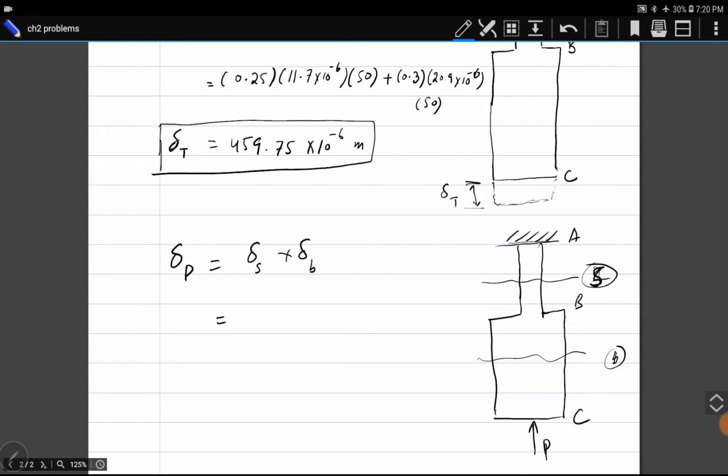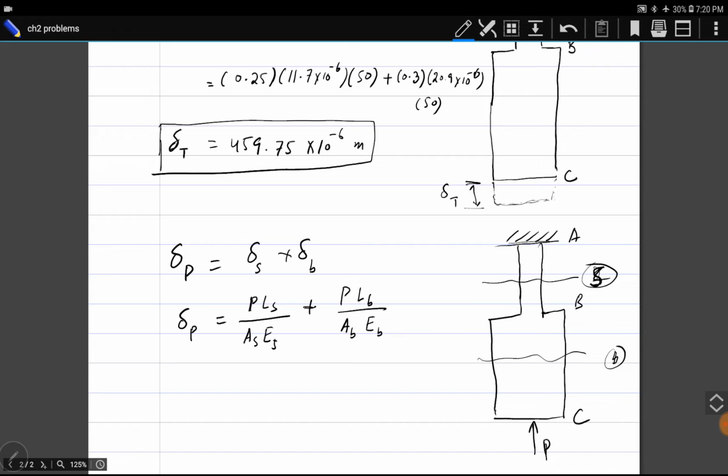It is equal to P into length of steel, P is the same for both of them, divided by area of steel into E of steel, plus P into length of brass section divided by area of brass section, E of brass section.